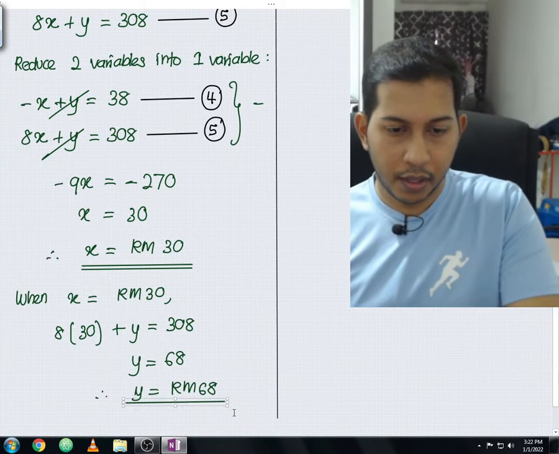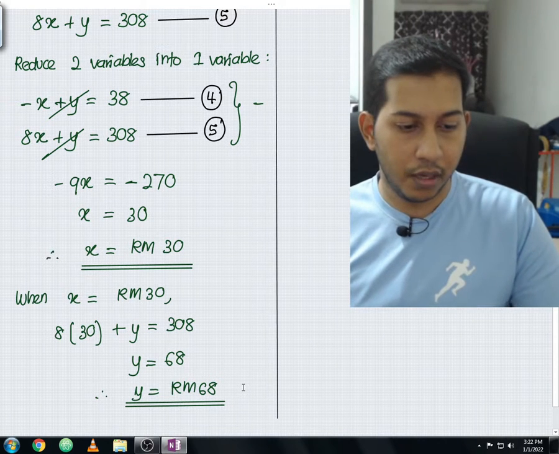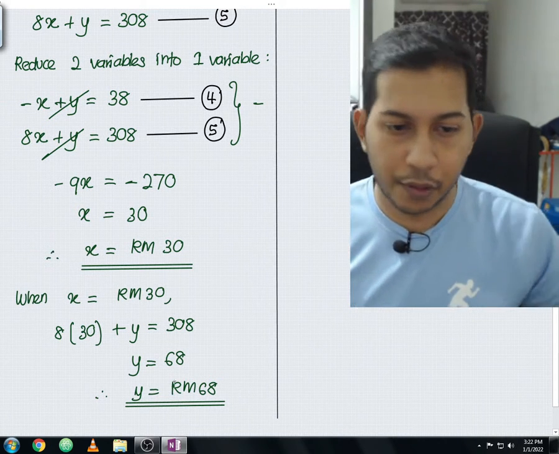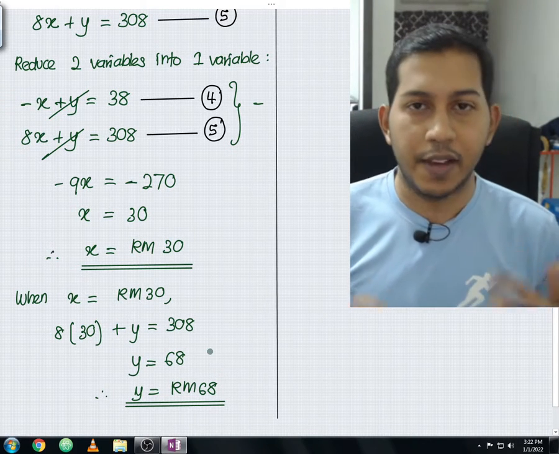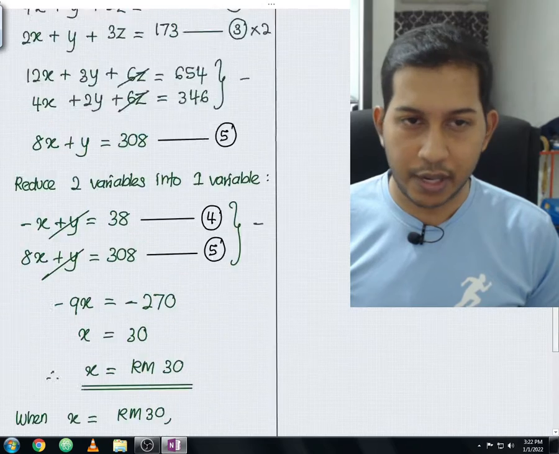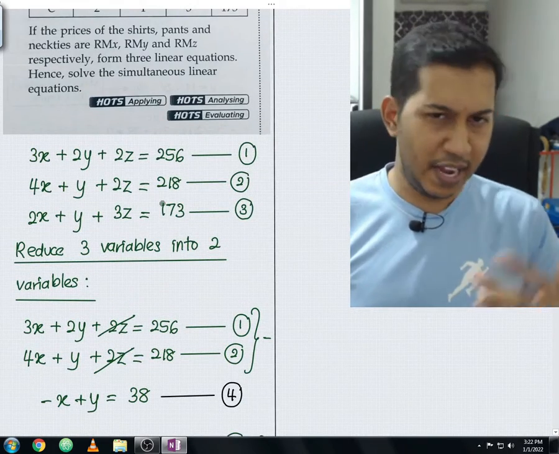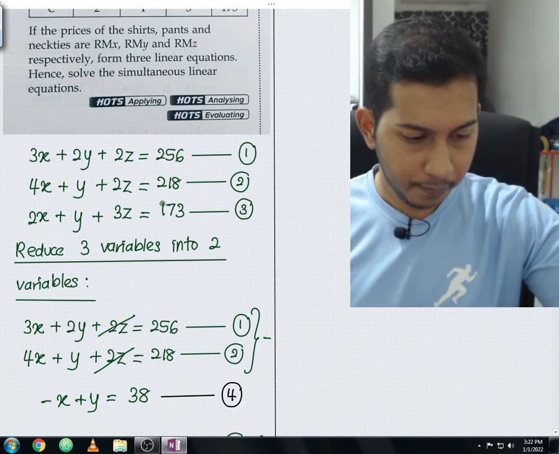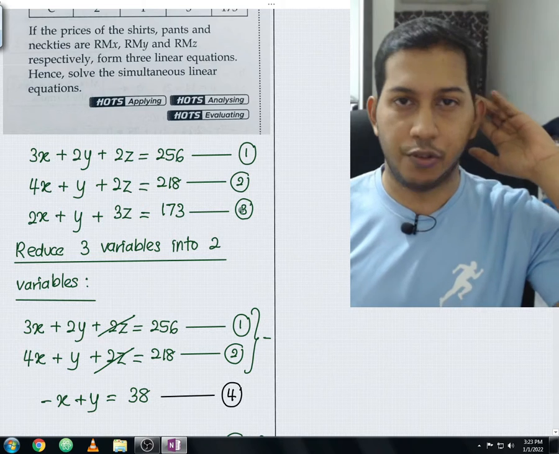Okay, now the final step is you need to identify the value of z. To find the value of z, you can use this x and y values that we have obtained, and you can substitute into any of these three equations. In this case I choose to substitute into the equation number 3.